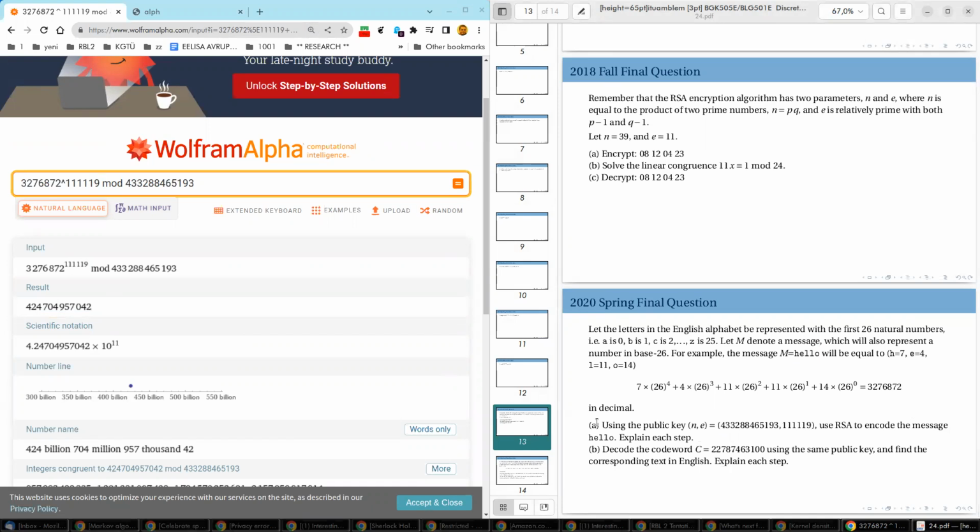And one remark I would make here is, since we are working with large numbers, obviously you don't have to use Wolfram Alpha. You can use some other tools or programming languages if you like. For instance, Python is an alternative that I know produces the correct values for this.